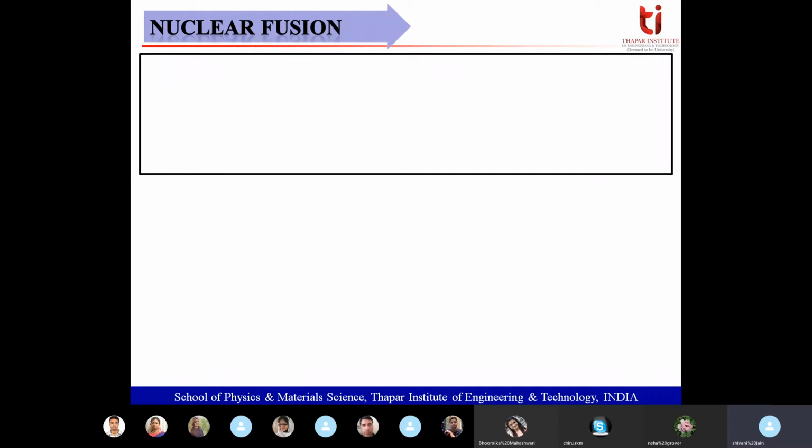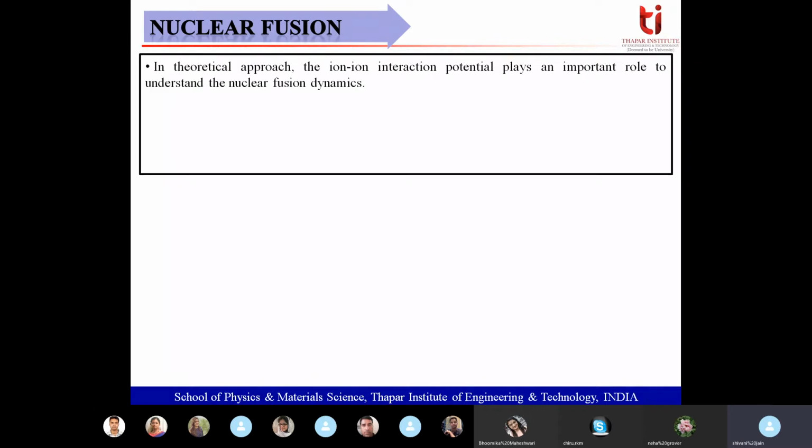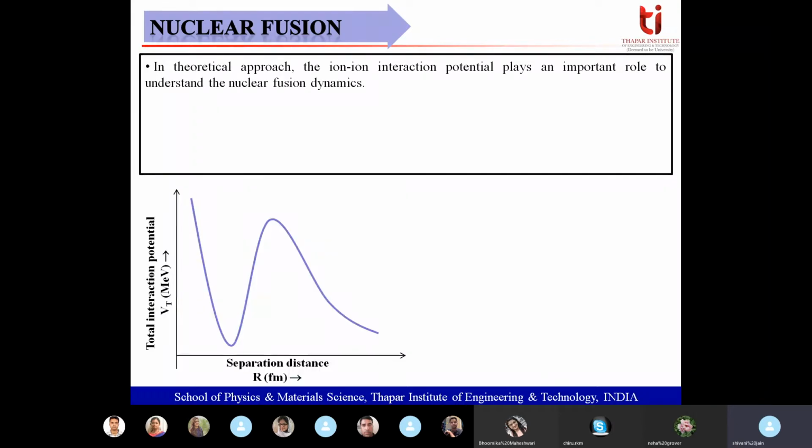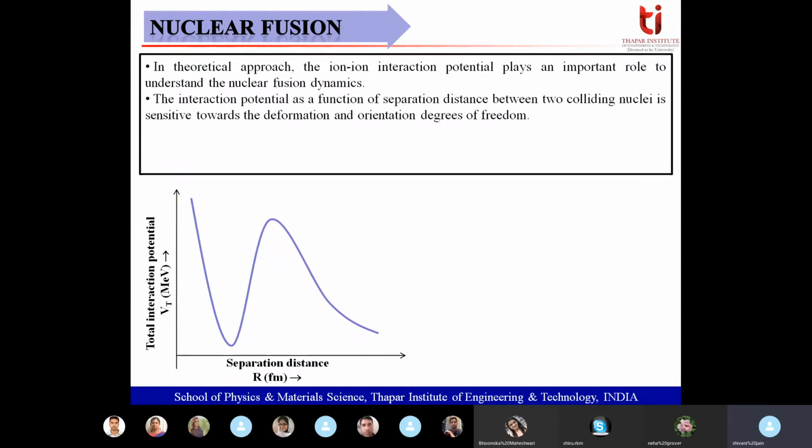Before going to that point, let's understand some other factors which are very important to understand the fusion dynamics. In the theoretical approach, the ion-ion interaction plays a very important role because the total potential as a function of separation distance becomes sensitive towards the deformation and orientation degrees of freedom.